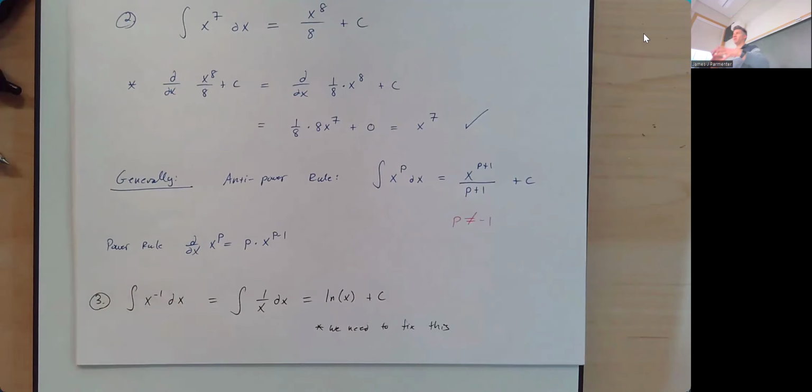Typically, when you find the antiderivative of something, you should be able to differentiate it and get back to there. But the problem is there's a domain issue. The function 1 over x is defined everywhere except for at 0. It's defined when x is negative and when x is positive.